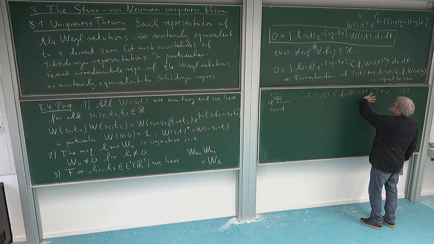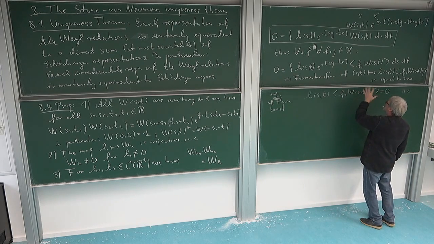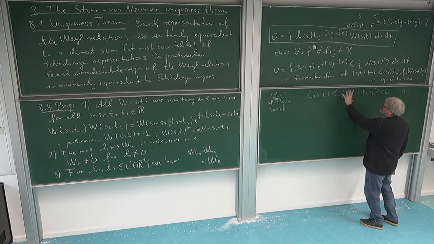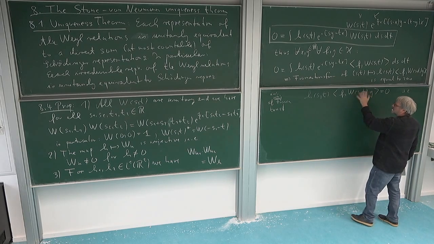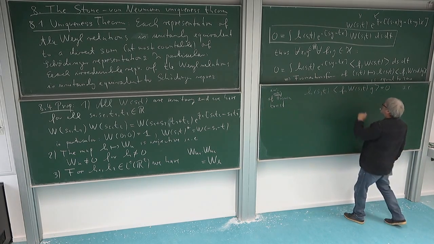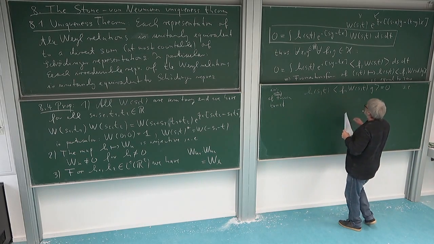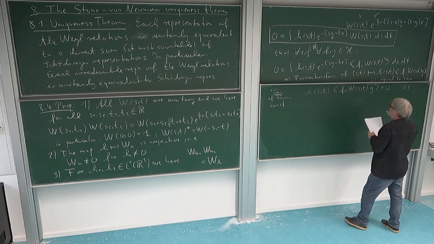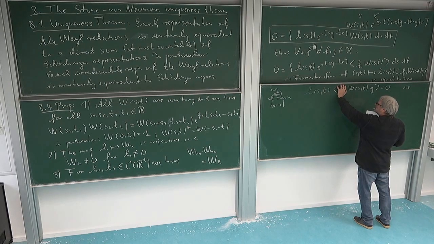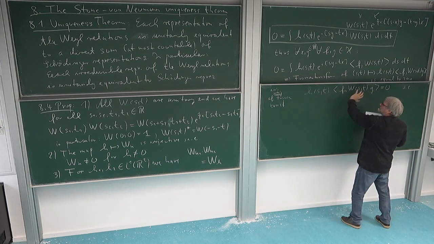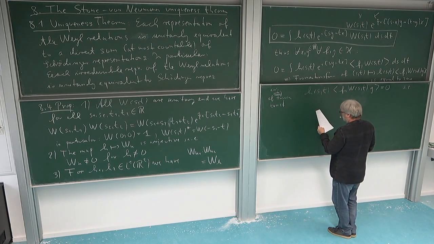Now, of course, this inner product here might, for some f and g, be 0. So we cannot say this is always for all s and t different from 0, which means this is equal to 0. But we have to say a little bit more precisely that if we know that this is equal to 0 for all f and g, then we know that without this factor, this vector here has to be equal to 0.